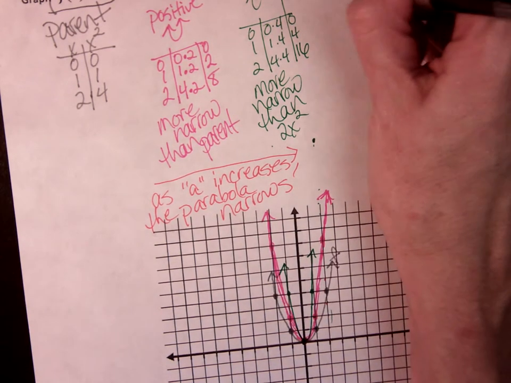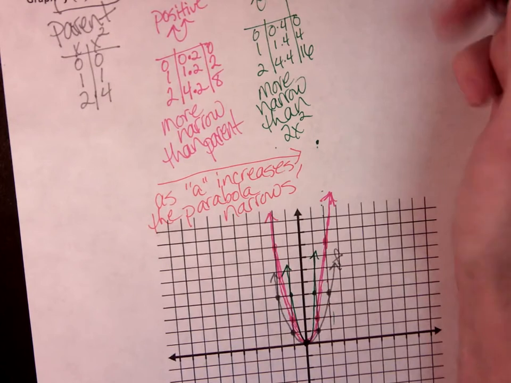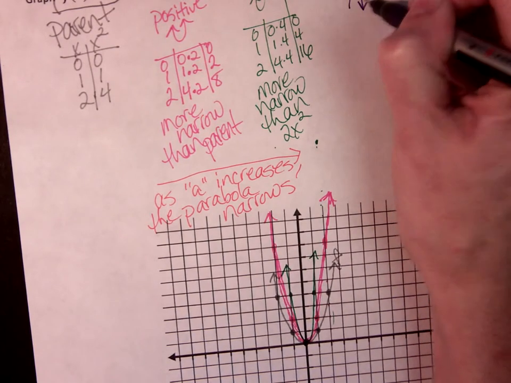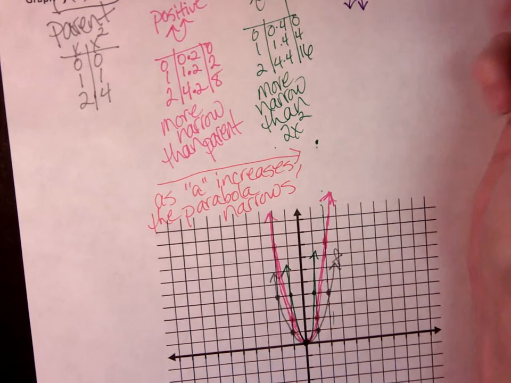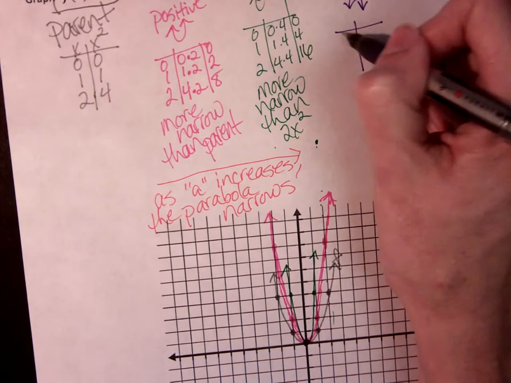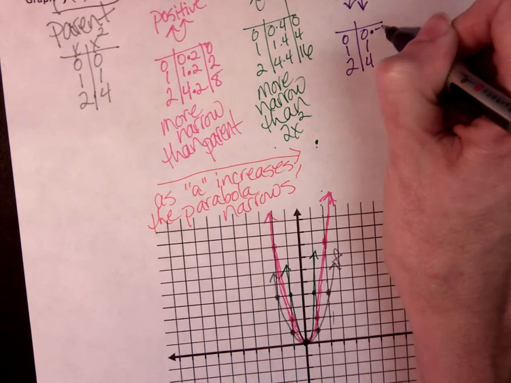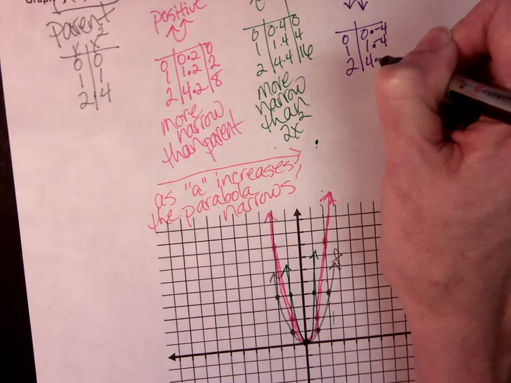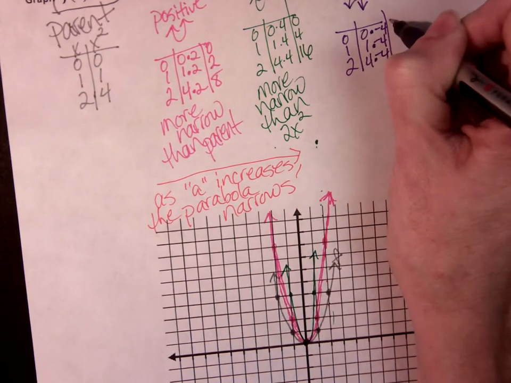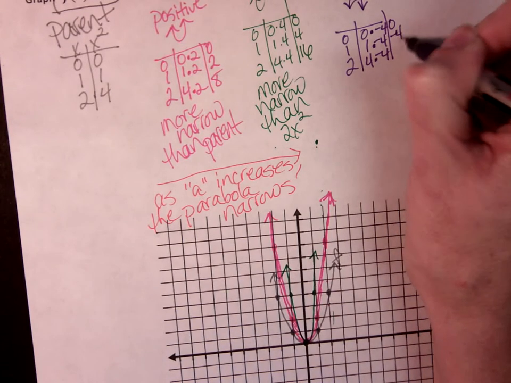Looks like the same equation, but now it's a -4. So we know that now this one has turned upside down, and I can catch that with my points because I'm going to multiply by -4. So I still have 0, but now I've got -4 and -16.